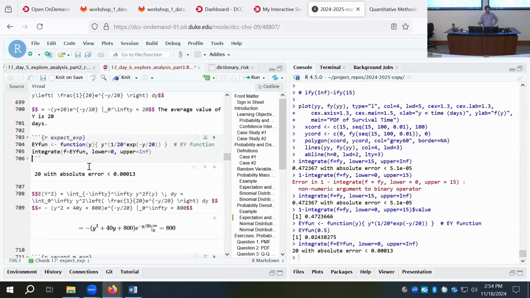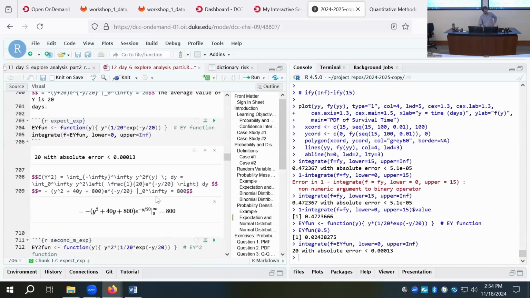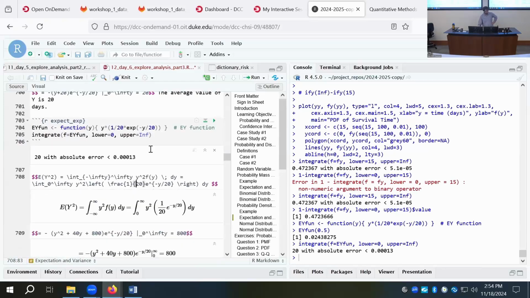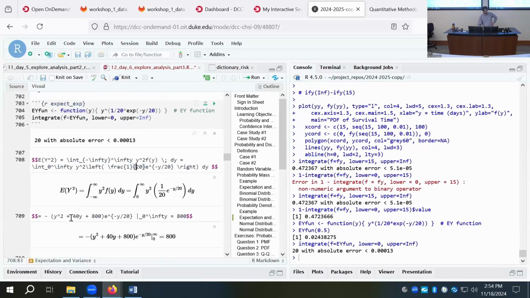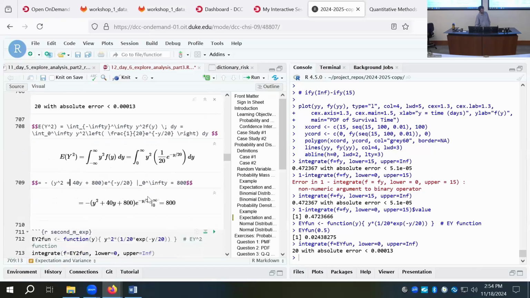If we wanted to then calculate the standard error, it works out to, if you did the closed form of the integral, the expected value of y squared, which comes out to be equal to negative of y squared plus 40y plus 800 e to the negative y over 20, which comes out to 800.